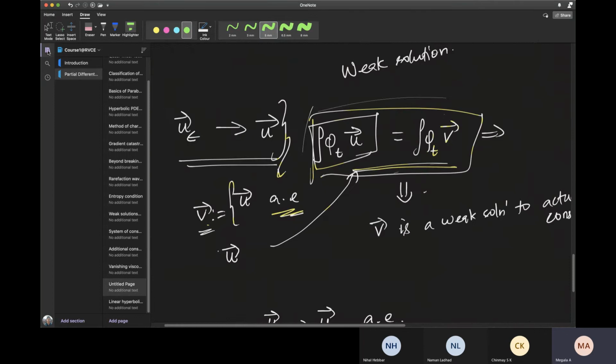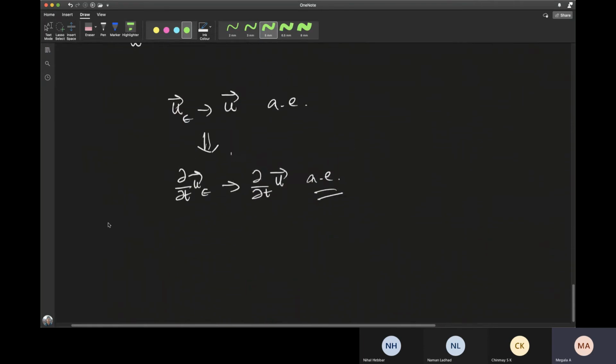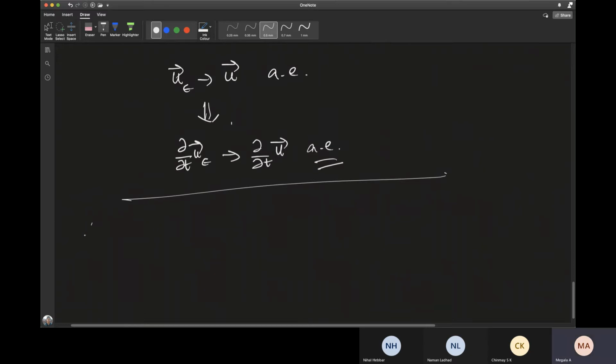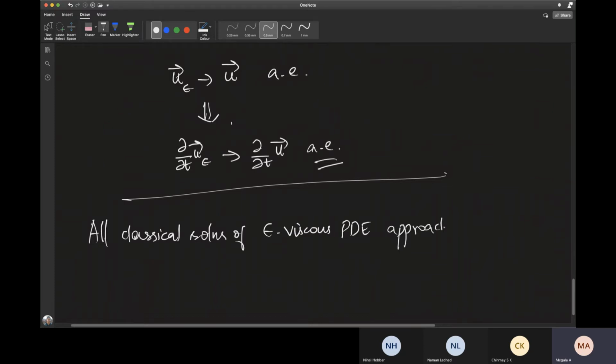Okay, so let me summarize this. All classical solutions of the epsilon viscous PDE approach the solution of the original PDE.